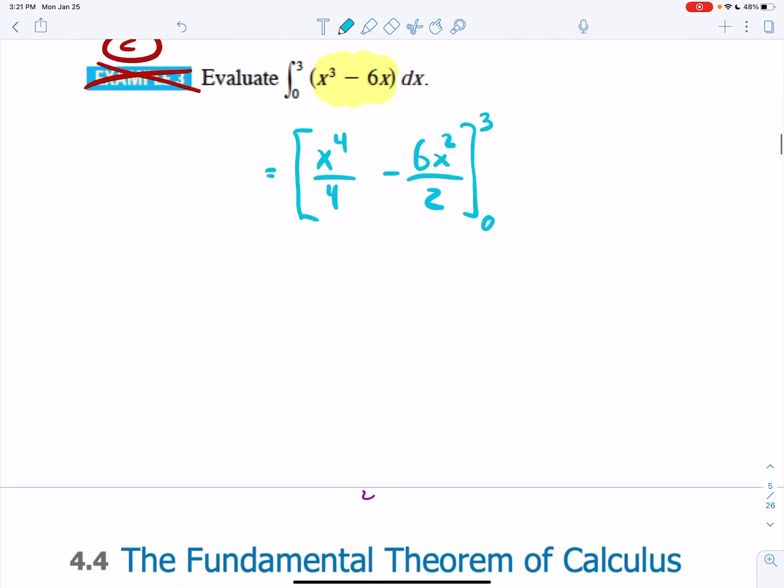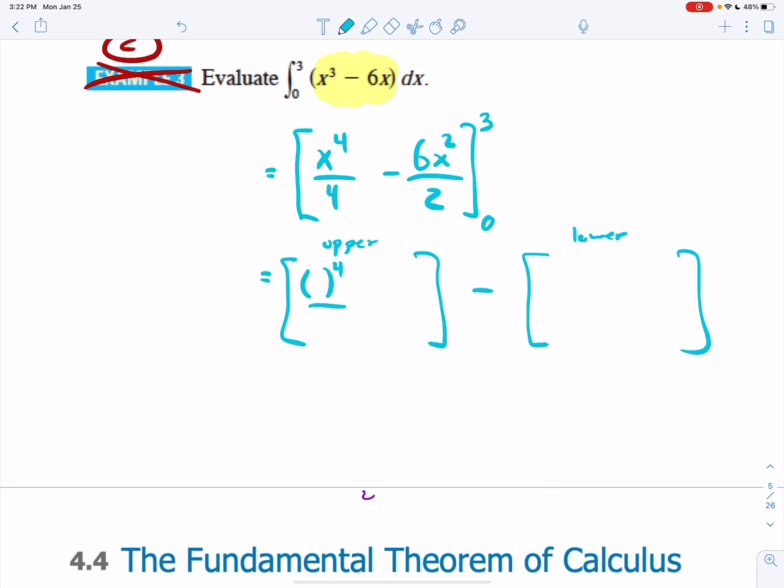All right? So now, this is what you guys do, and you got to be careful when you have multiple terms. What I'm going to do is I'm going to have upper, and I'll label it for you guys, minus lower. What you have to do is you have to plug in your upper wherever you see an x. And in this case, there are multiple x's here. So we have something to the 4th over 4 minus 6 times something squared over 2.